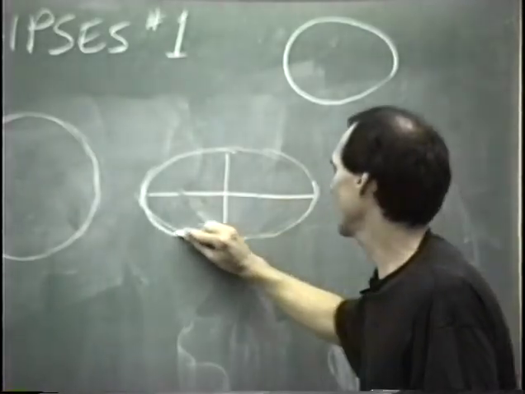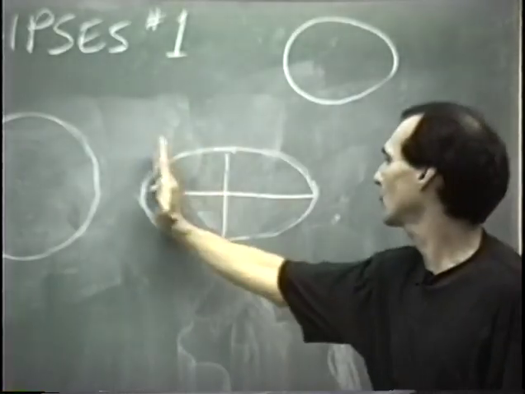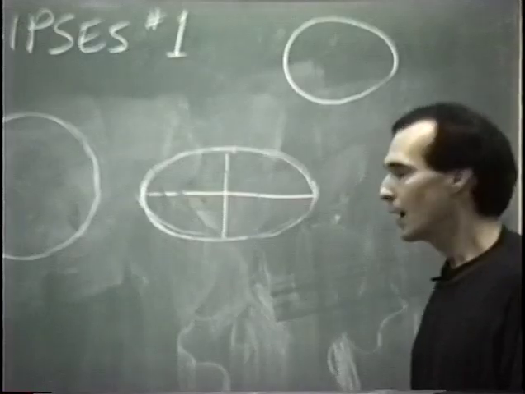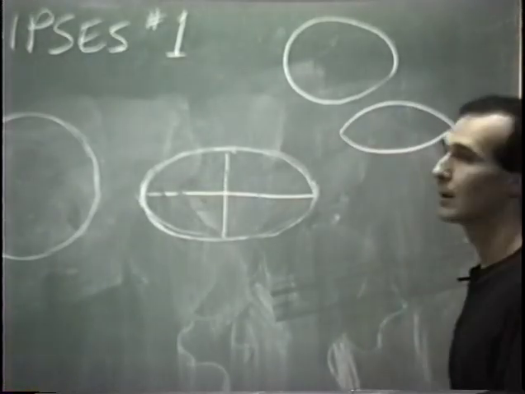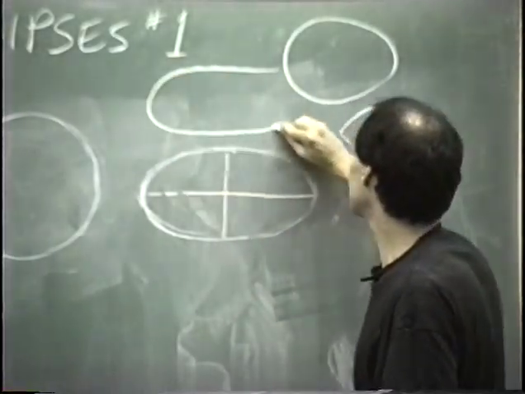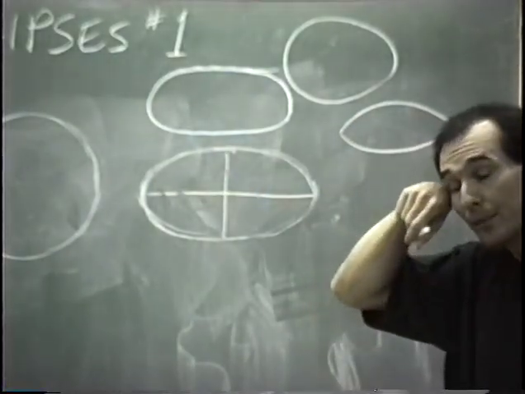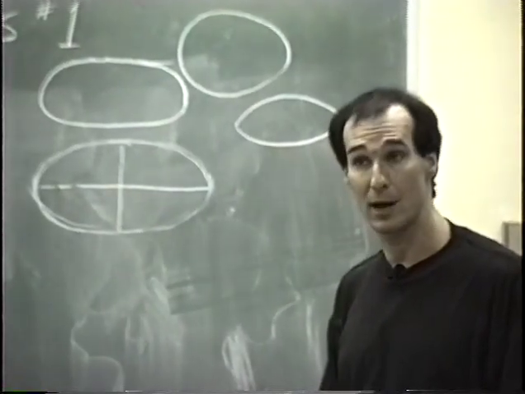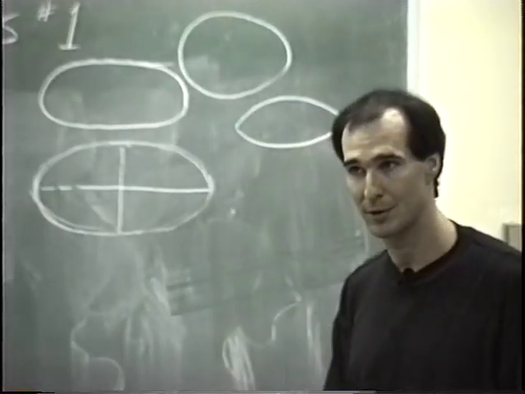An ellipse, for one thing, is perfectly symmetrical left to right, top to bottom. An ellipse is not shaped like this, nor is an ellipse shaped like this, which you'll often see people draw it that way. They are constructed symmetrically both ways, and the best way to construct an ellipse is to use those crosshairs.